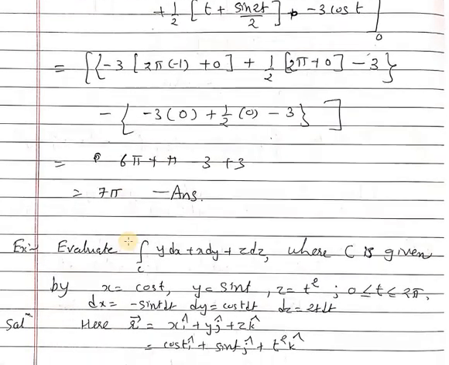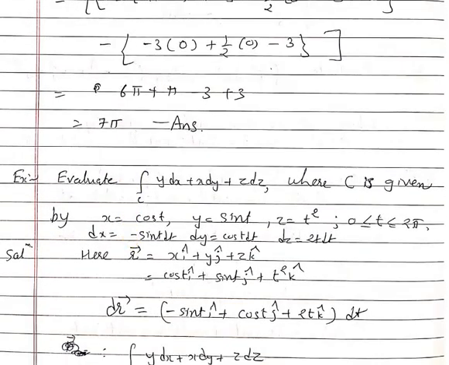In the same manner, let's start another example: evaluate ∫ y dx + x dy + z dz, where C is given by x = cos t, y = sin t, z = t², where t is between 0 to 2π.